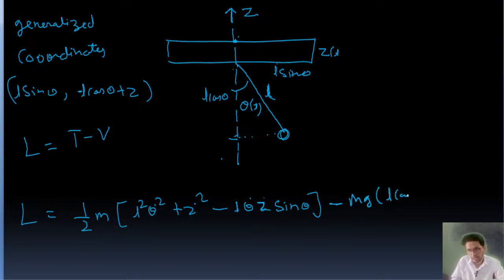So the T is half m L squared, this you need to understand: half m [L squared theta dot squared plus Z dot squared minus L theta dot Z dot sin theta], minus mgh, this height, so mg(L cos theta plus Z). This is the Lagrangian for this system, guys.